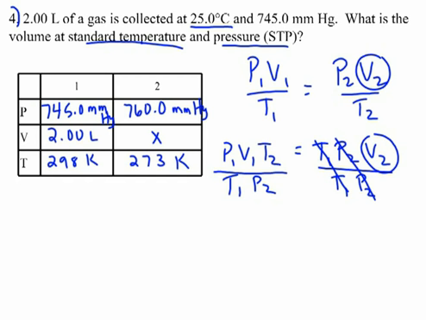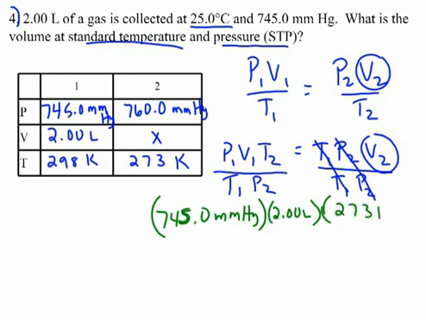So P1, 745.0 mmHg, times V1, which is 2.00 liters, times our T2, which is 273 Kelvin.